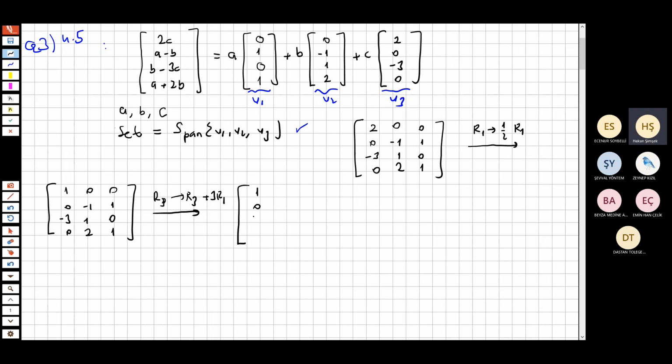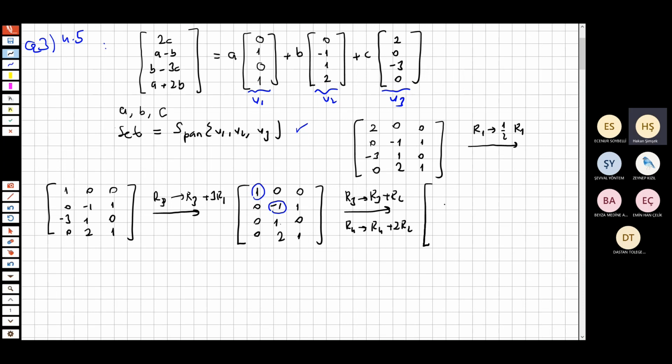Therefore, we have 1, 0, 0, 0, 0, minus 1, 1, 0, 1, 0, 2, 1. To get 0 for 1 and 2, because the second pivot is minus 1, we write R3 is replaced by R3 plus R2, and R4 is replaced by R4 plus 2R2.